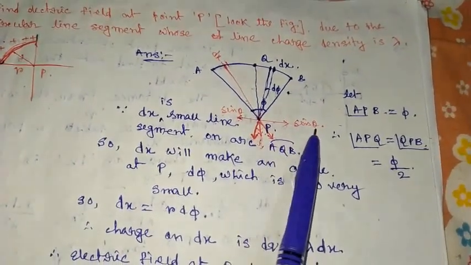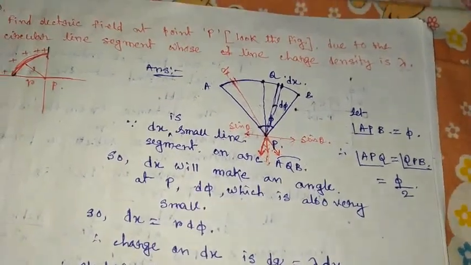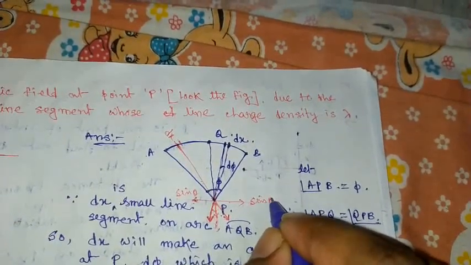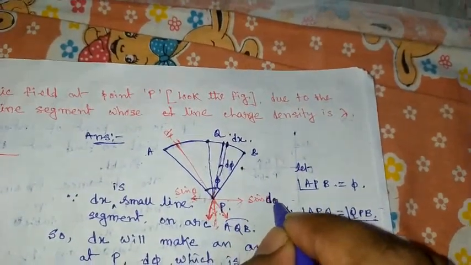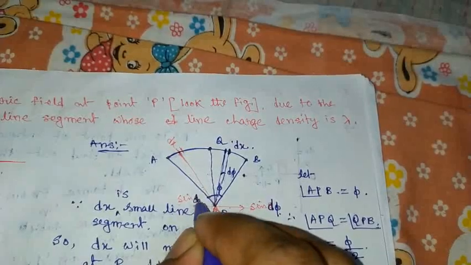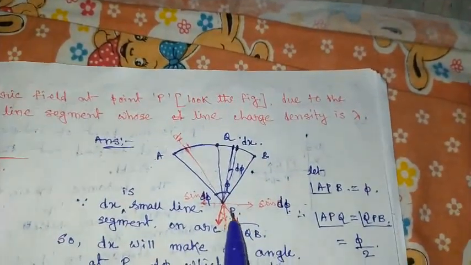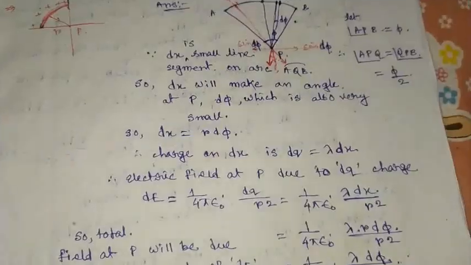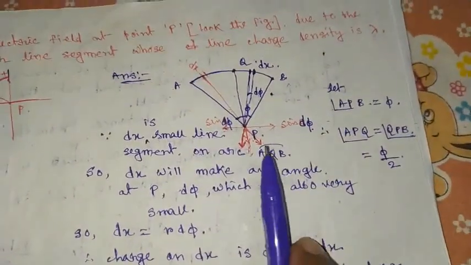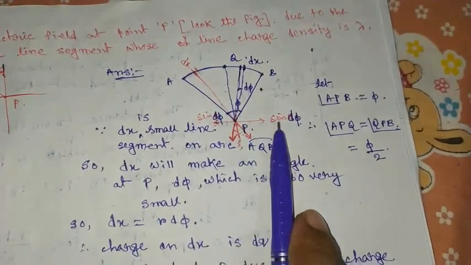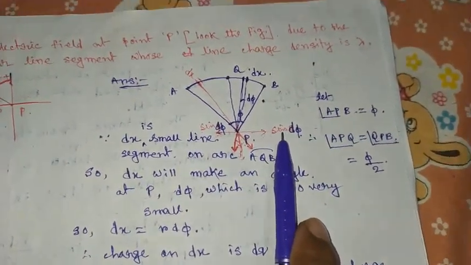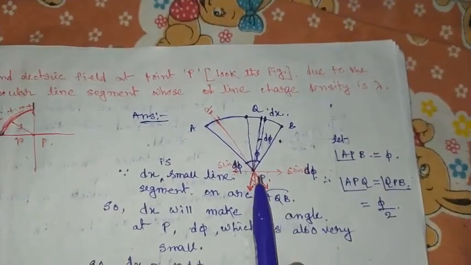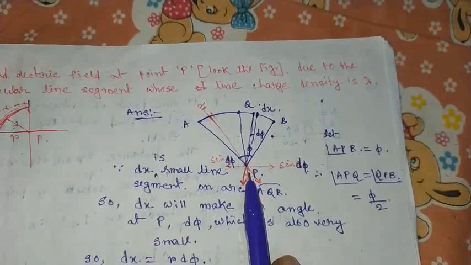One part is sin, actually not sin theta, it is of phi, and the other is cos. So we have found that at point P the sine components are exactly equal and in opposite directions, and the cos components are in the same direction.